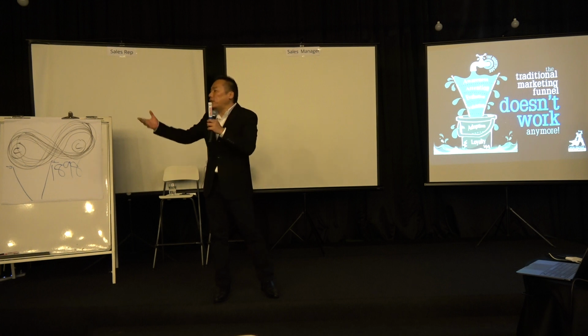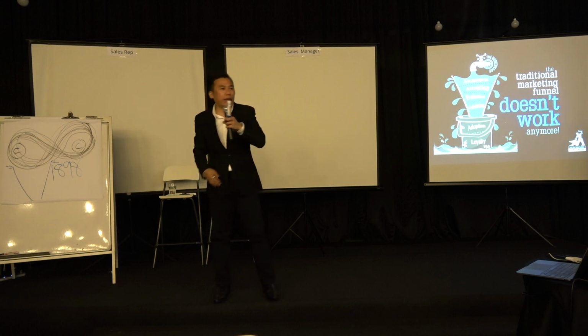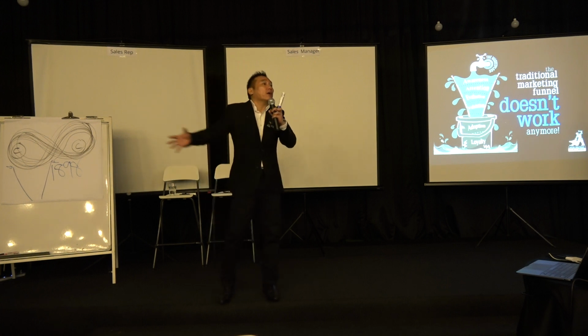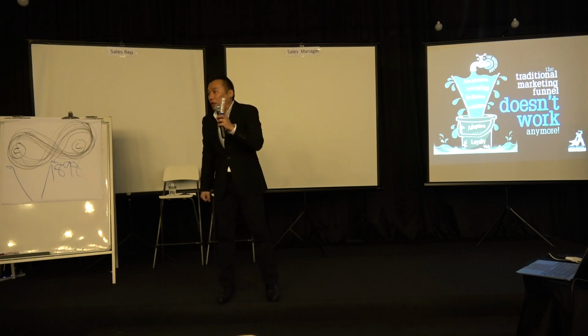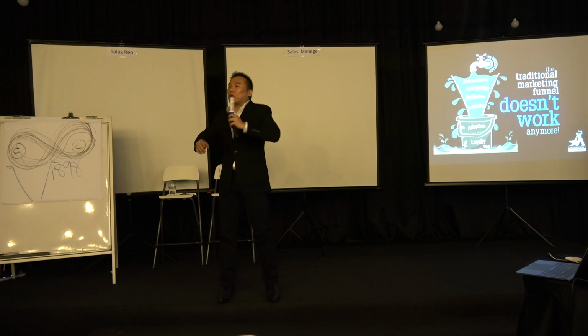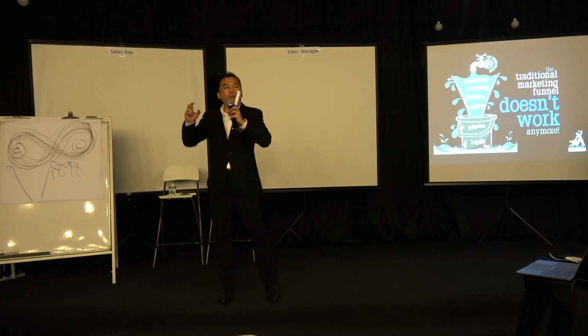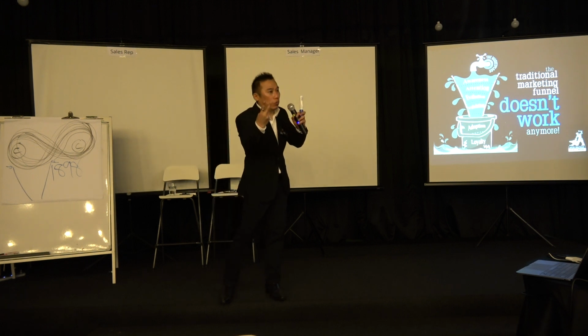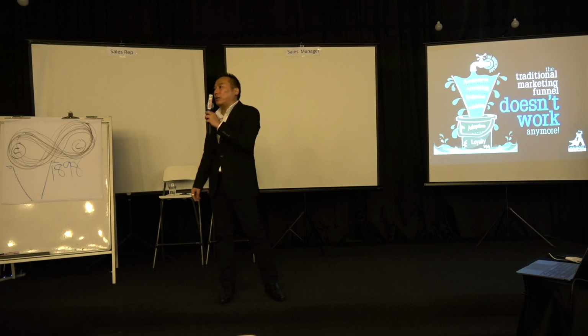You spend a lot of money. Your salespeople are going out there prospecting, and you generate tons and tons of leads, right? And then you funnel it. So assuming you have 1,000 leads a month in your organization, and then you funnel and funnel and funnel, and finally you convert, what happened to the 998?